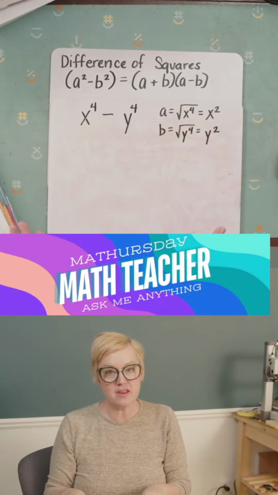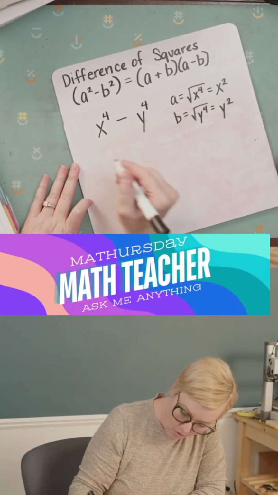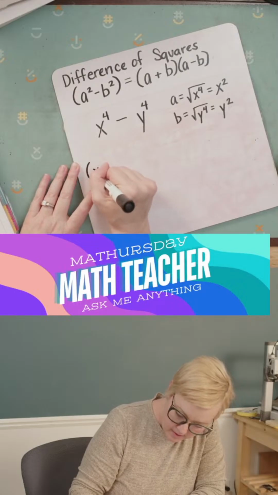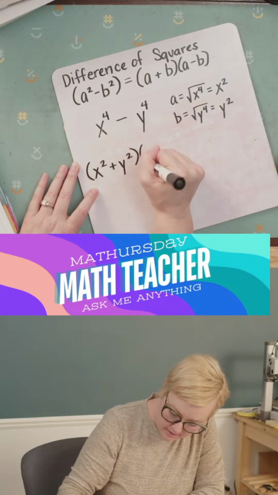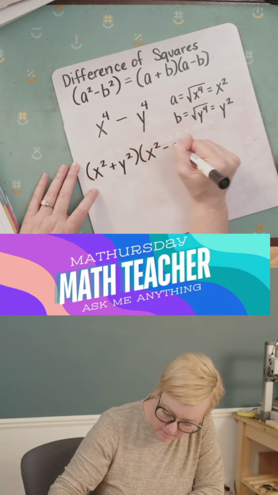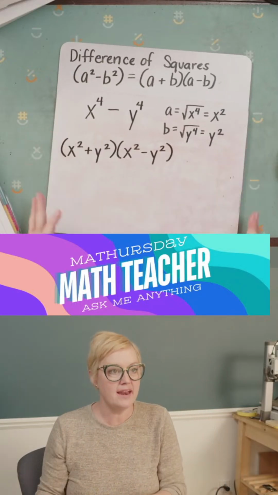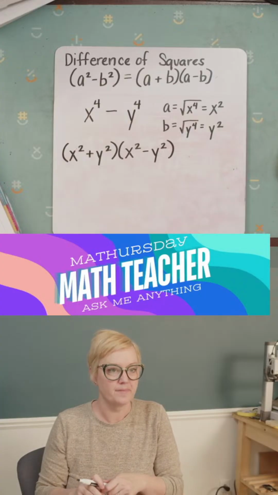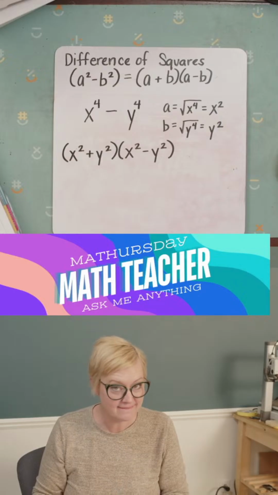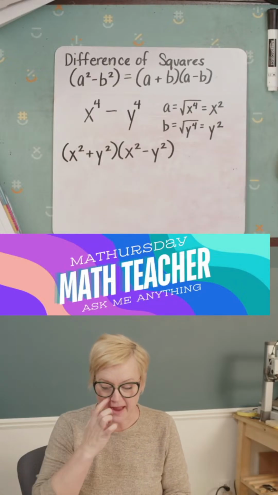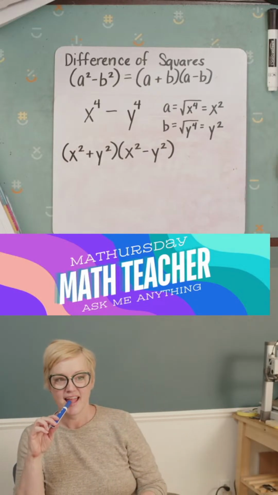So now this is going to be X squared plus Y squared times X squared minus Y squared. Okay. So that is your difference of squares. However, what do you notice? Remember, with factoring you've got to keep going until you're done. We're not done yet.